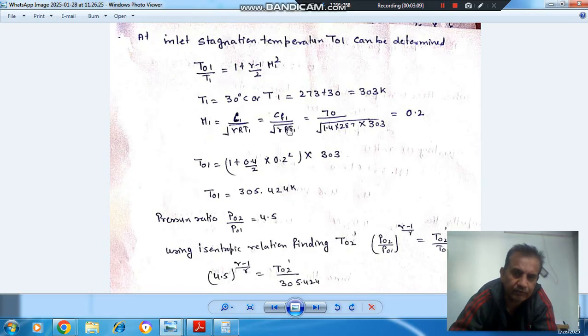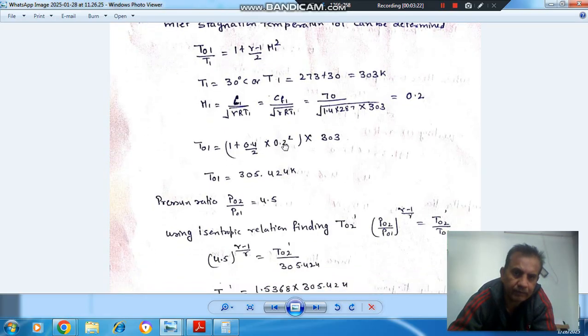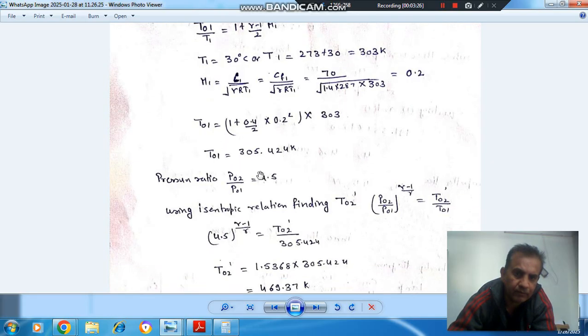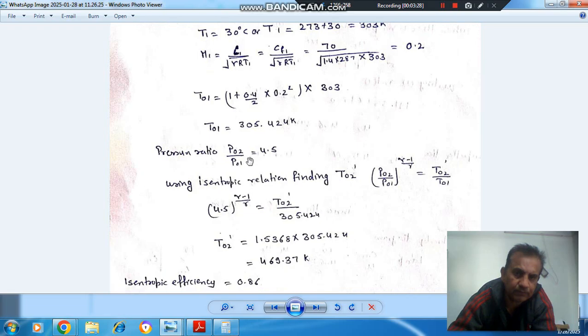C1 is your CF1, CF1 is 70, gamma is 1.4, R is 287, T1 is 303. So Mach number comes out as 0.2. Then T01 is 305.424 Kelvin.